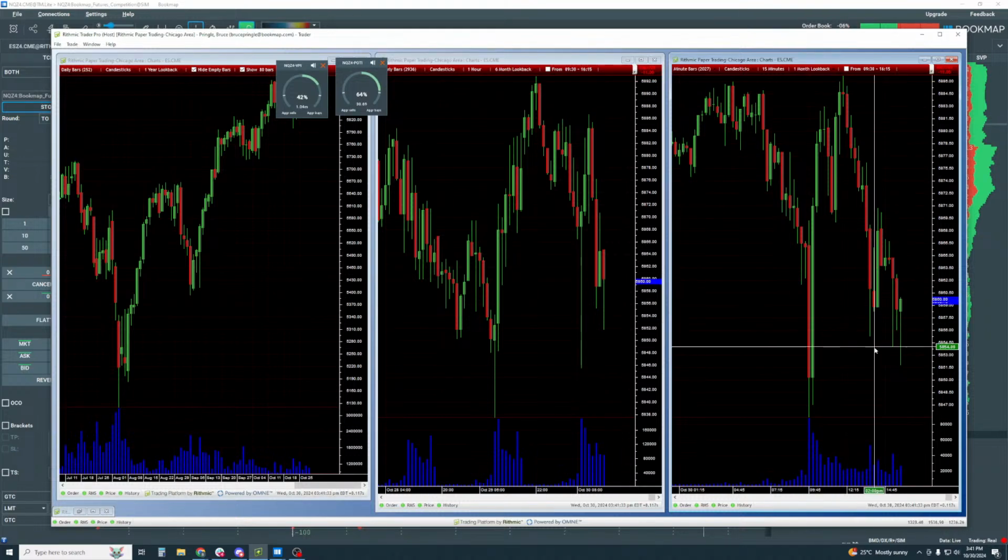Look where we went. This is what we were looking for earlier, because the buyers couldn't muster coming back up into the swings in here. We saw originally some buyers on this wick after the first test, and this is all they could do. So we're looking for the next test into that area here. I know that we've traded here.